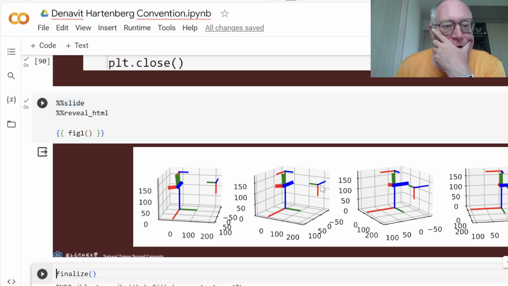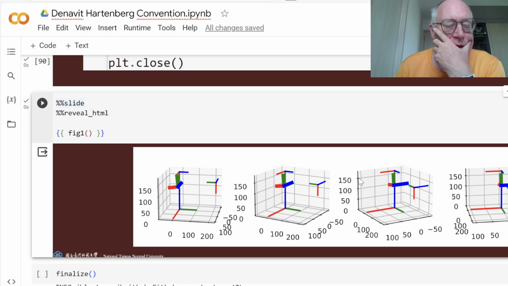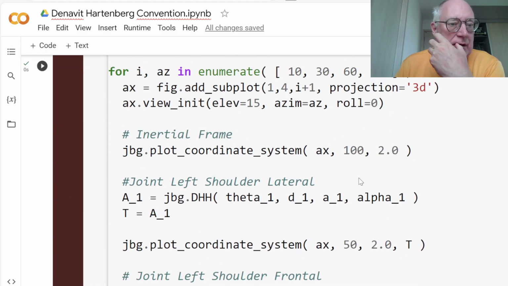Oh, this one here, X is pointing backwards. So this is not the correct one that I wanted.